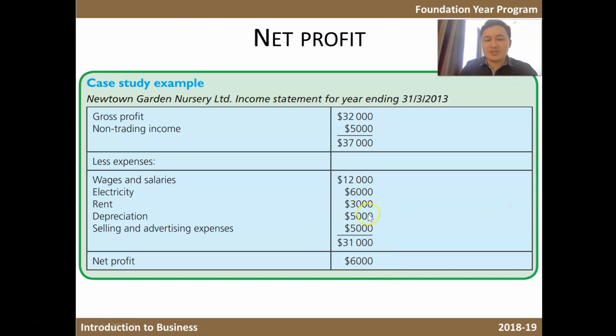Now, what is depreciation? Depreciation is also sometimes called amortization. We're going to talk about it in the balance sheet in particular. This is a cost that a business needs to take into account, for example, when you're using an asset like equipment, a physical and tangible asset. When you purchase equipment, let's say the cost is $1 million.